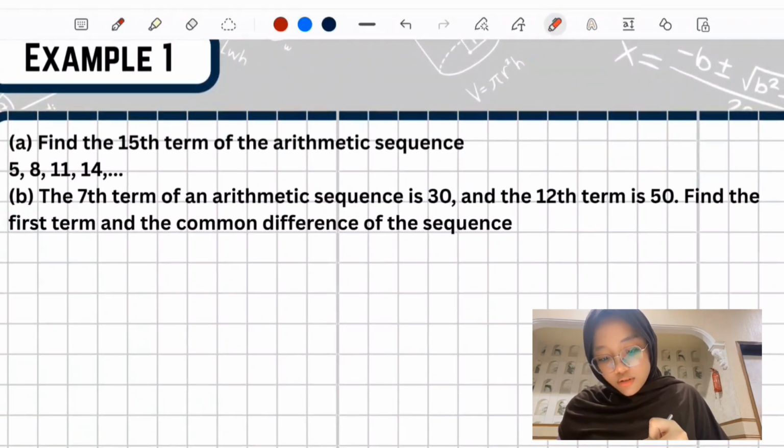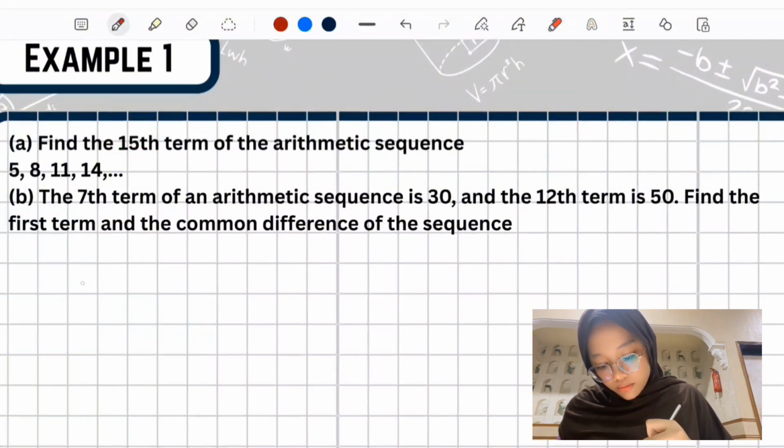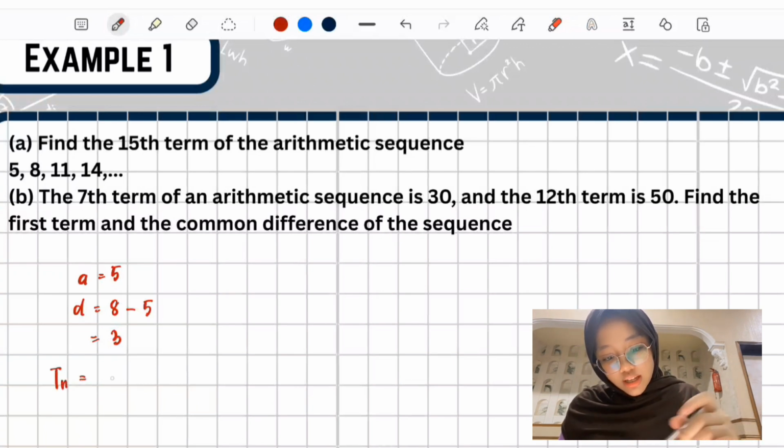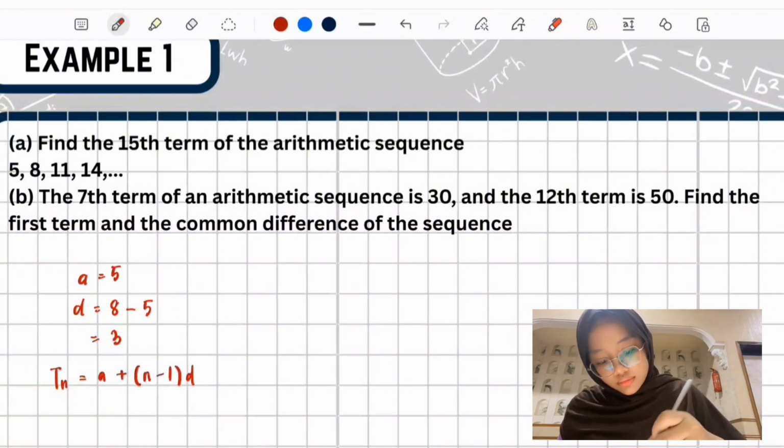Find the 15th term of the arithmetic sequence 5, 8, 11, 14. a is the first term, which is 5. d is the common difference, which is 8 minus 5, equal to 3. So the formula is Tn = a + (n - 1)d.